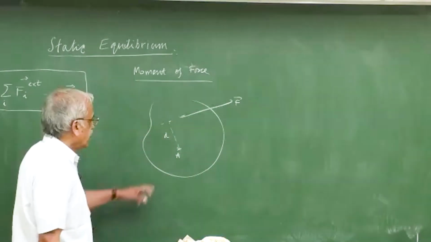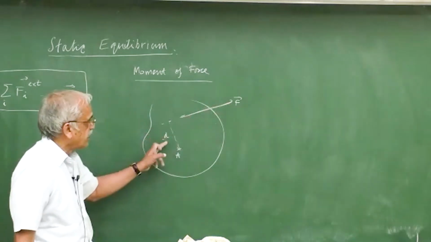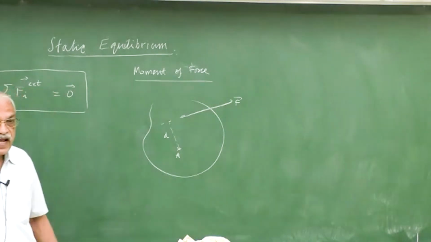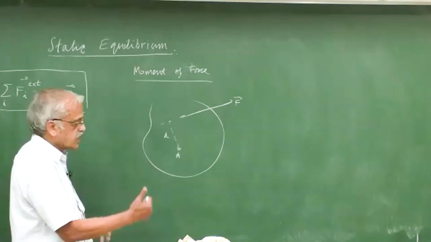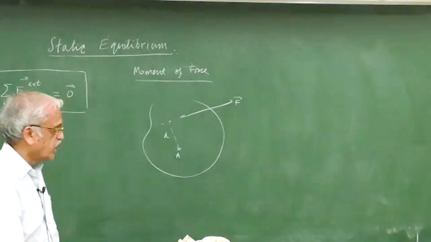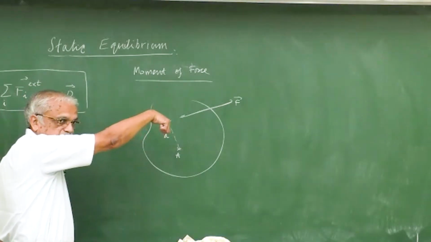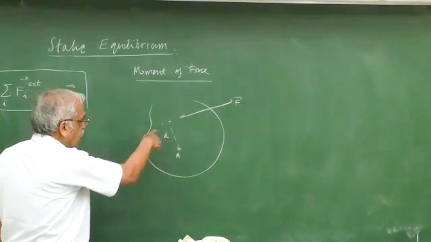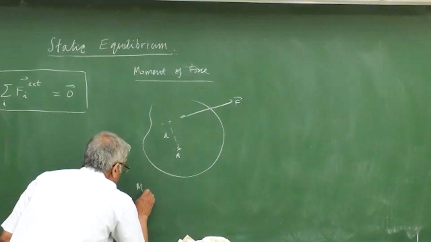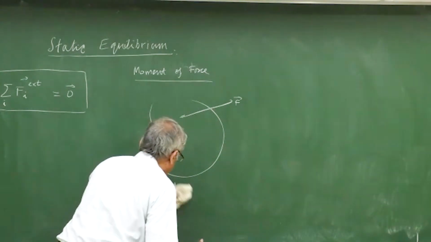If you drop a perpendicular D here, then F times D is the moment. That is the magnitude, and it also has a sense, using the right hand thumb rule. In fact here this will be a clockwise moment. So the magnitude here is that the moment about A is D times F.